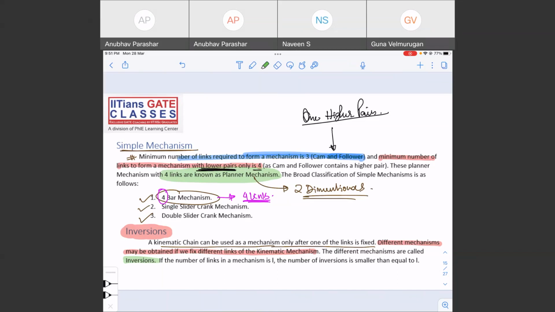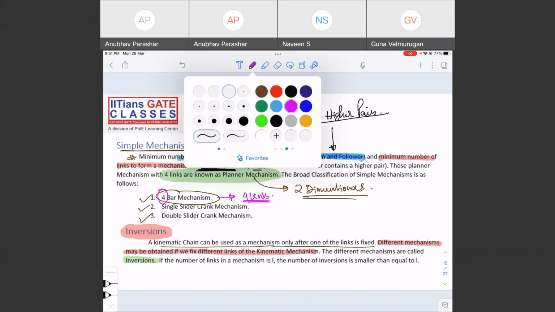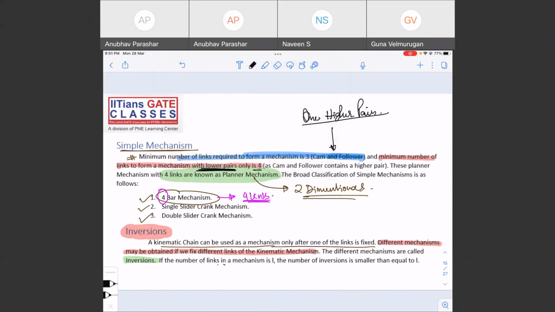So if the total number of links is L, inversions will be less than or equal to L. It could be equal to L, or it could be less than L.